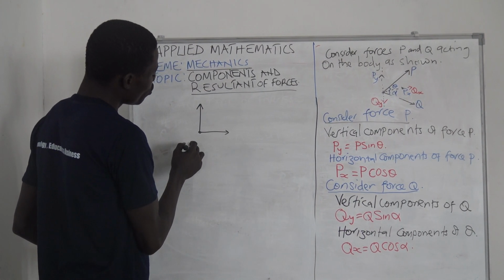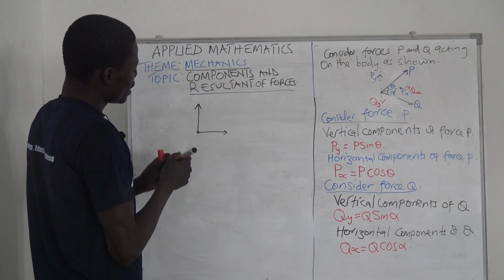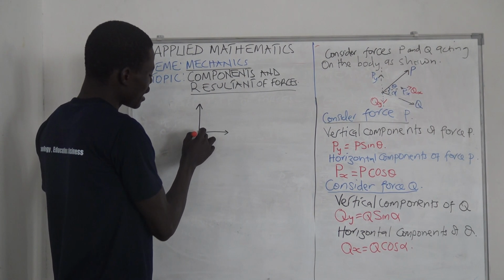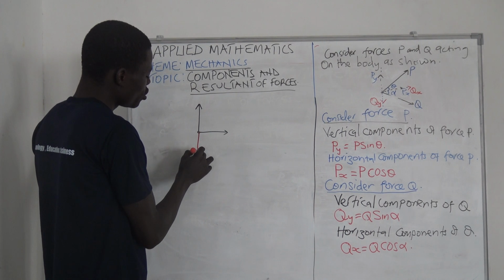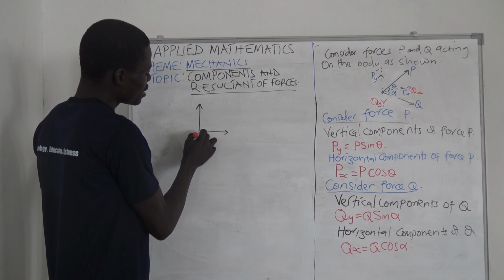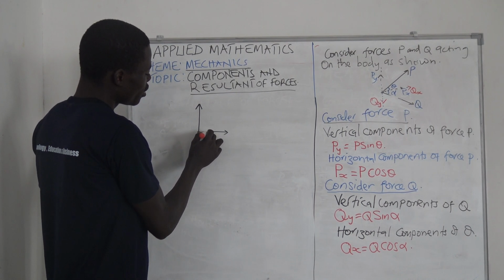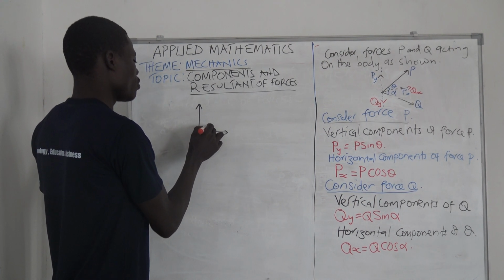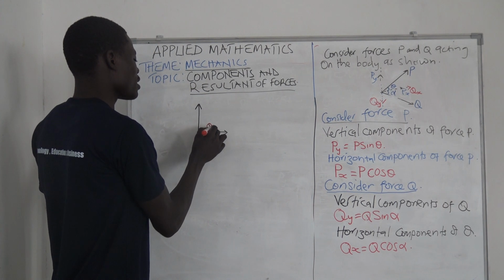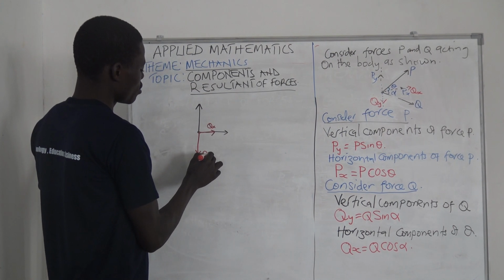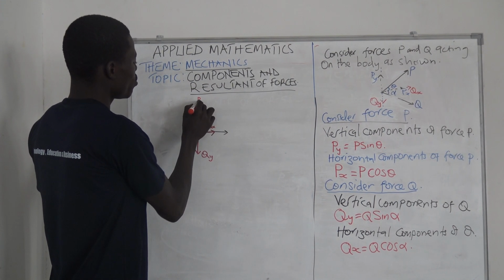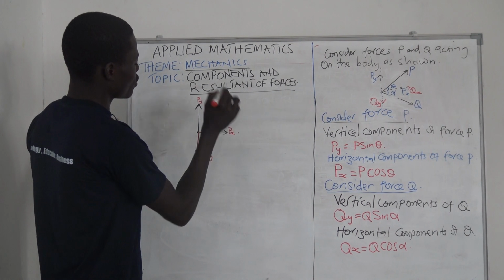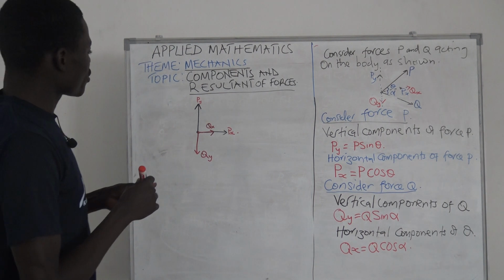For Q, there is a component acting vertically downwards, which is Qy, and a horizontal component Qx going in this direction. This one is Qx, this one Qy, this one Py, and this one Px. So that's the final setup.